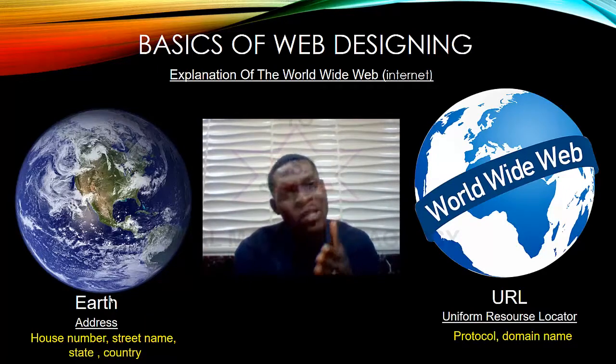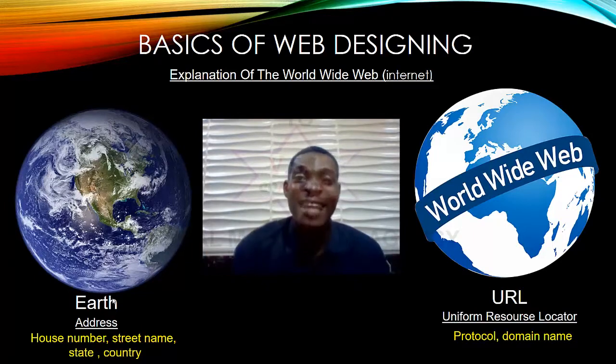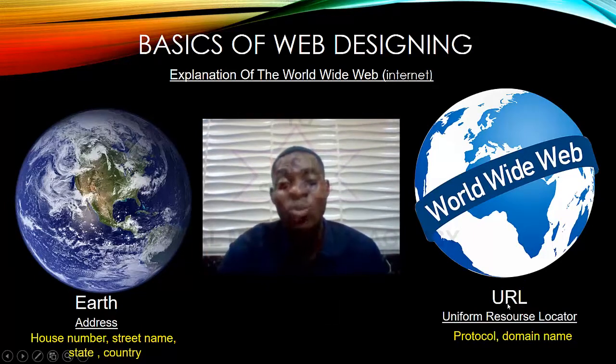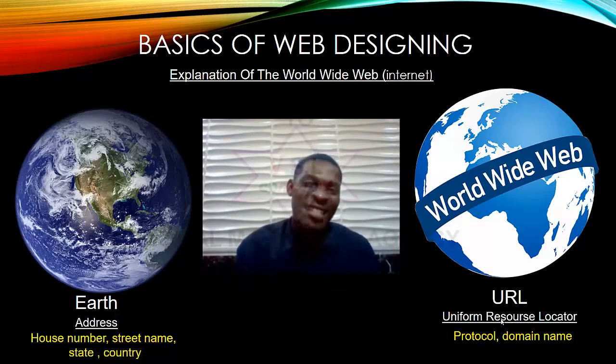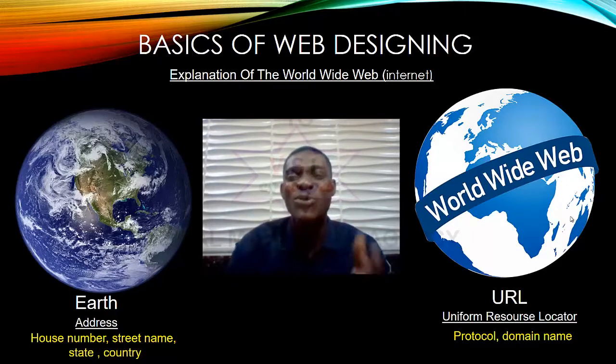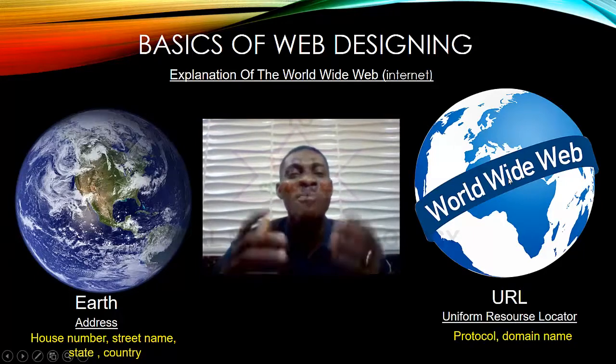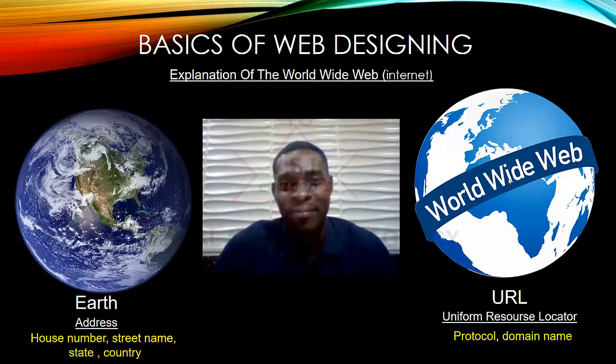There must be a road that you will pass to that address. In this context, that address is called the URL. It is called what? The Uniform Resource Locator. So simply put, the Uniform Resource Locator is that road, that passageway that leads you to calling up files from this World Wide Web. That is exactly what it means.